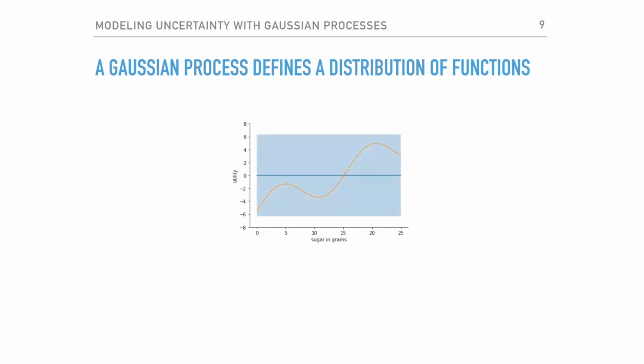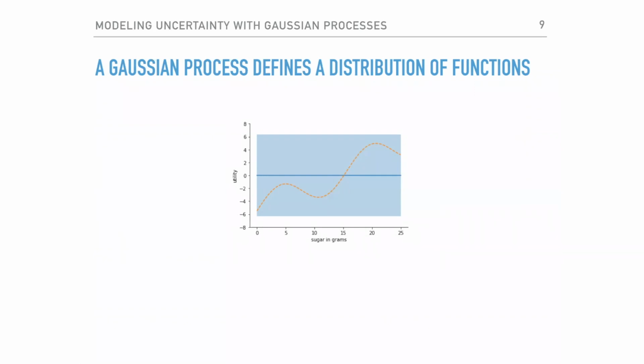Usually we start out with a constant GP across the whole domain before observing any data. The solid line here is the mean function, and the shaded region is the confidence interval. And the way we usually read this plot is if we were to take a vertical slice of the plot at any given point, we will obtain a normal distribution representing a belief about the function value at that point.